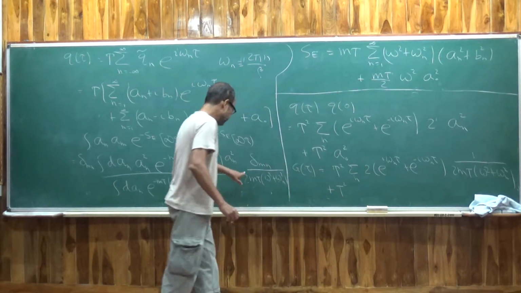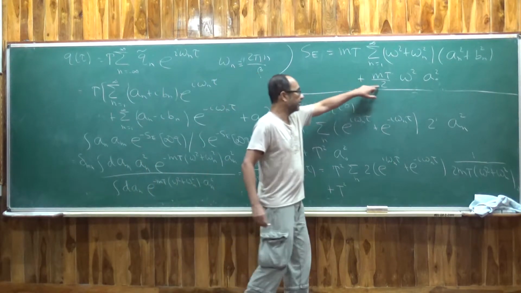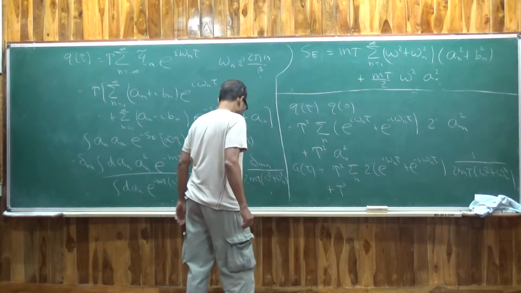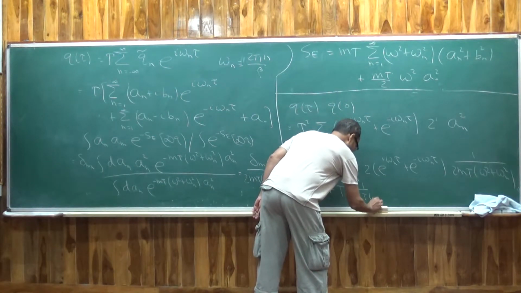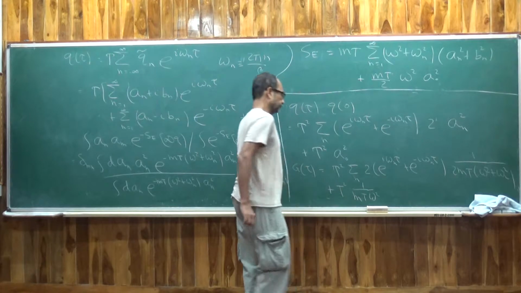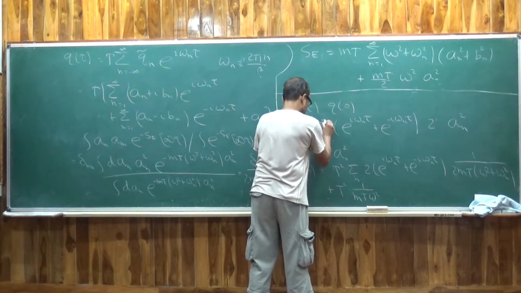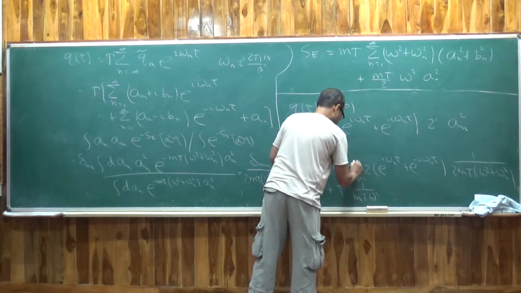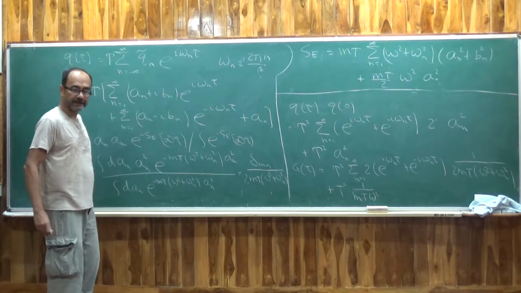For A0 square, you just don't have this 2, as I described, because of this mt over 2 that is coming here. So 1 over mt. This is n equal to 1 to infinity, because these sums are from 1 to infinity.